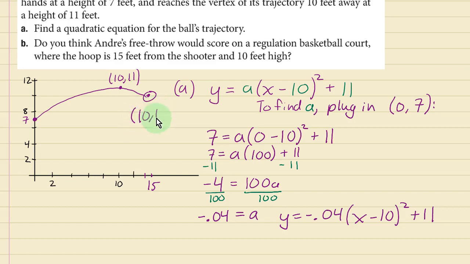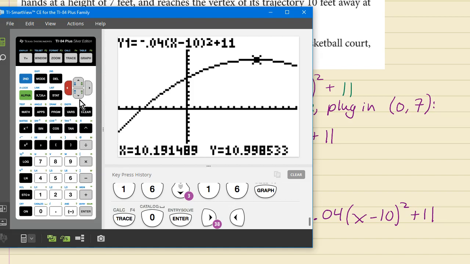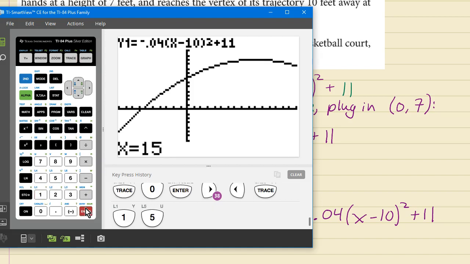That point 15, 10. If you plug in x equals 15, well, fortunately, we already have it graphed on the calculator. So if you just hit trace and then 15, that will give you x equals 15. And yeah, the y coordinate there is 10. So the trajectory does go through the point 15, 10.